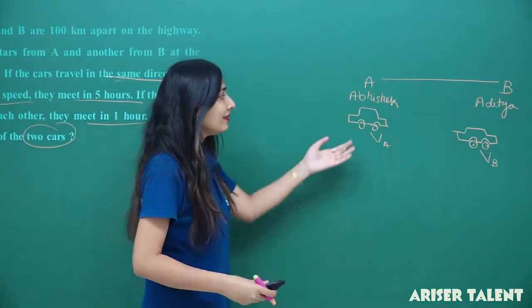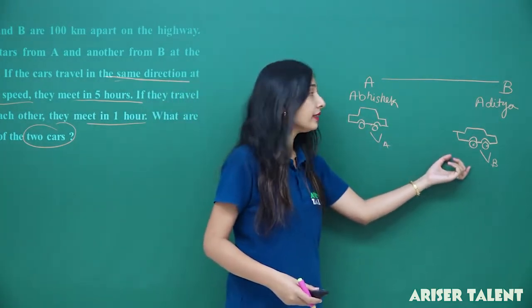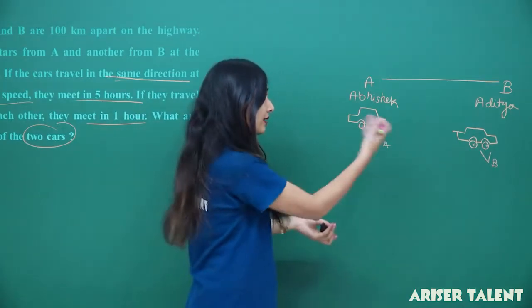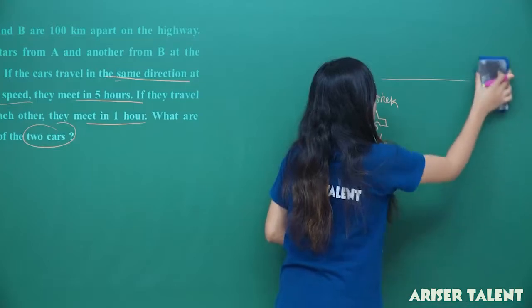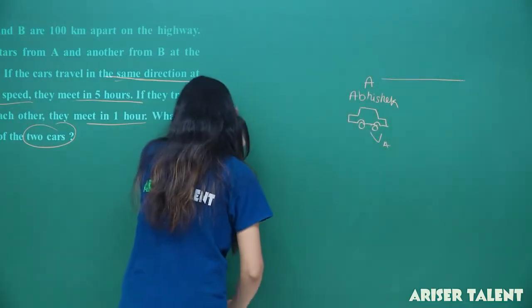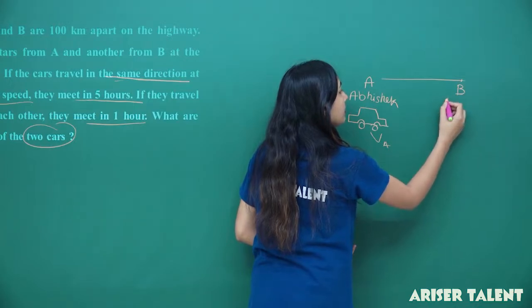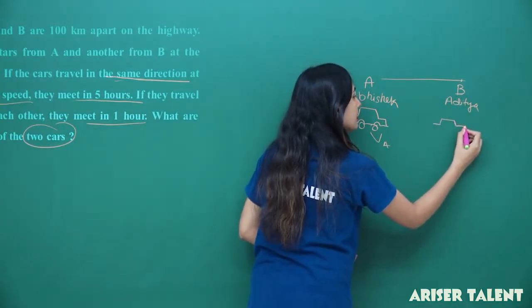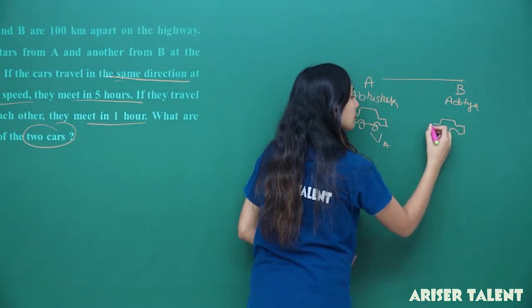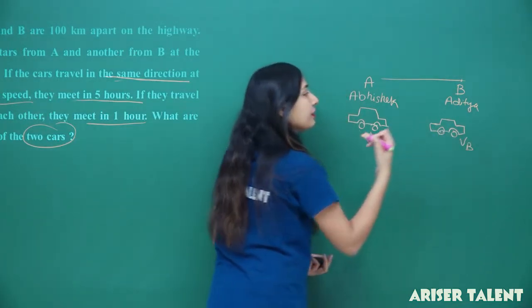Abhishek is here, Aditya is here, at point B, with his car. This is having velocity VB.